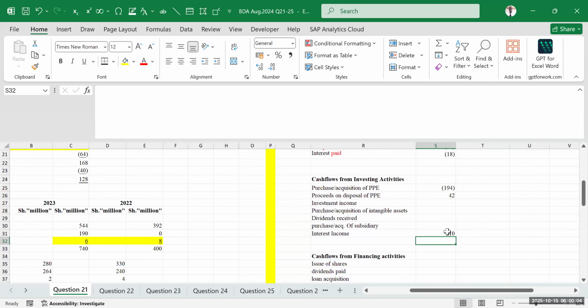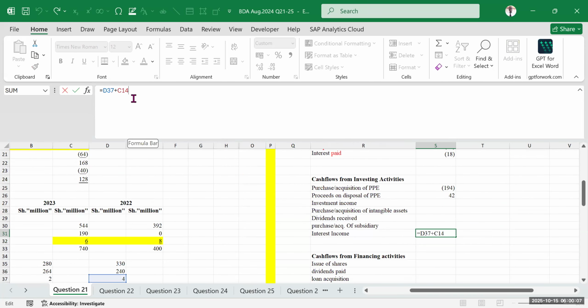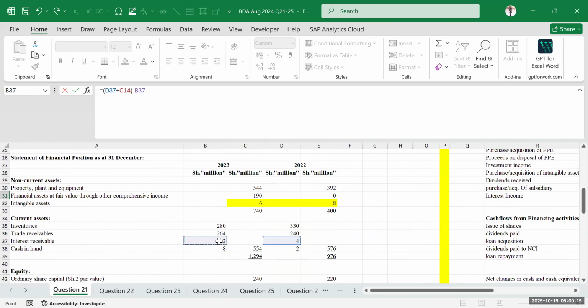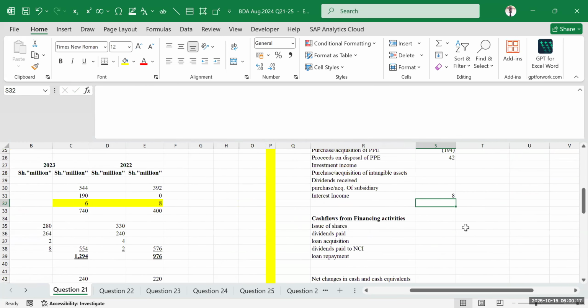We expected to receive 10 million, but we realized that at the end of the current year, the closing was given here as 2. So meaning we must have received the difference. So that's why it will come as a positive, an inflow. We received that money, an inflow.